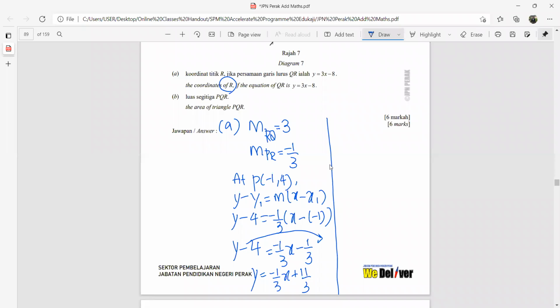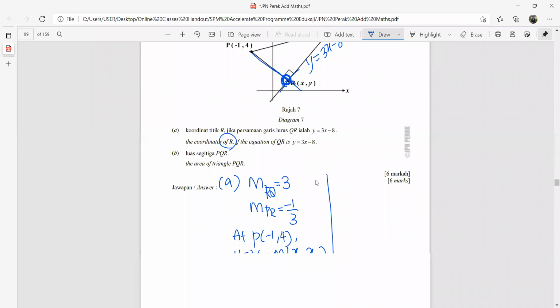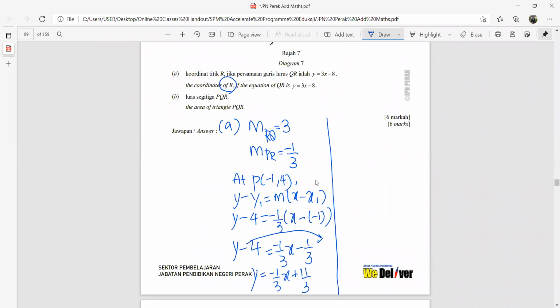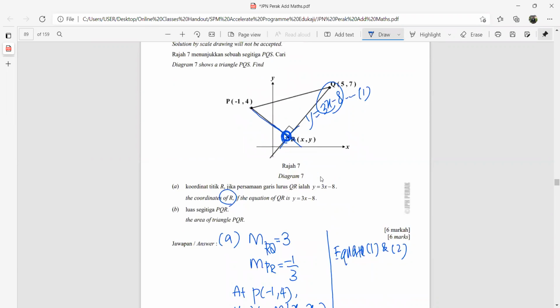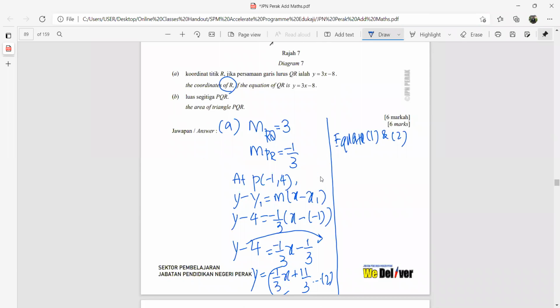So your job is to solve the simultaneous equation, right? You can equate equation 1 and 2. This is equation 2, this is equation 1. 3x minus 8 equals this.